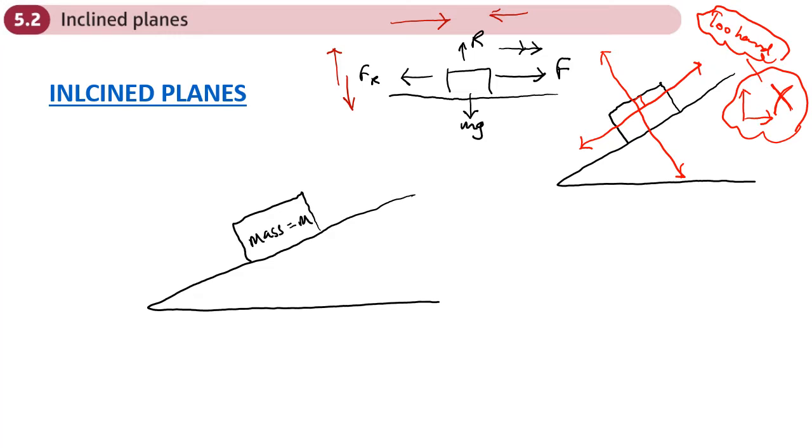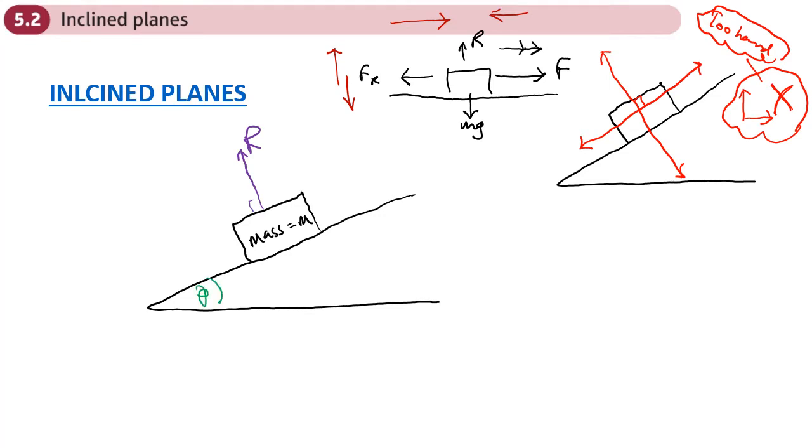There's still going to be a normal reaction, but remember the normal reaction is perpendicular to the plane. So look at the direction it's pointing in. It's at a right angle to the plane, and the plane is now at an angle. What's that angle? Well, it will depend on the question. So let's call this angle theta.